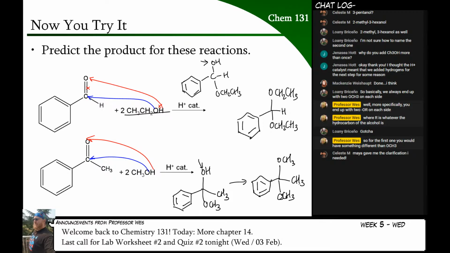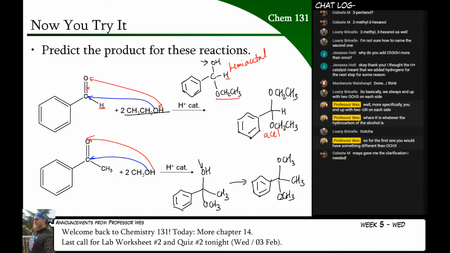That is hemiacetal, acetal, hemiketal, and ketal formation. Now, I could ask you to label what each of the things are, like which one's which. And so the way that you would do that is you would say, okay, remember, hemiacetals only have one OR group added. So this would be my hemiacetal, because I only have one of those groups there, and I have an H available to say that it was an aldehyde to start with.